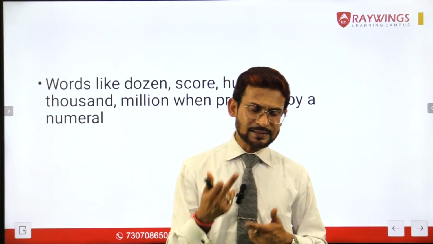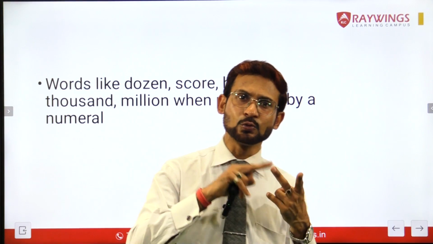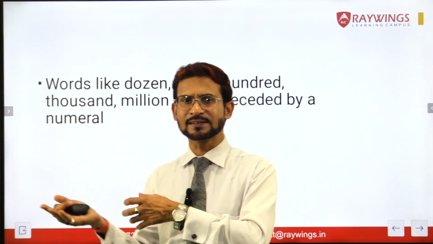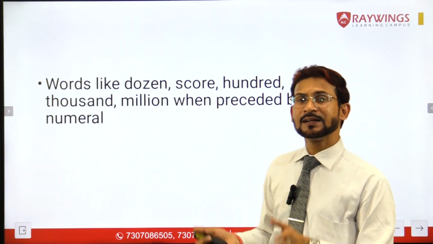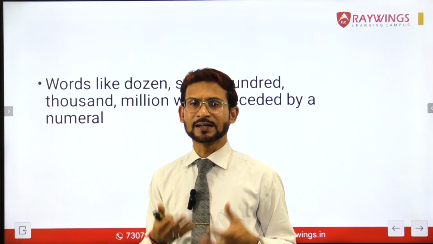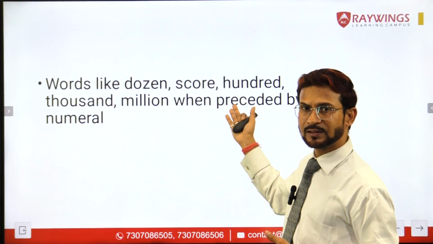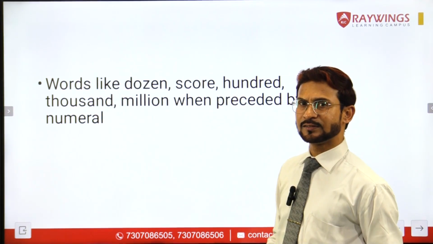Whether we call it 1 dozen, 2 dozen, 3 dozen, 4 dozen, it is always dozen. It never has s at the end. If we say 100, 200, 300, 400, 500, it never has s after it, right? So it is always used in the singular form.